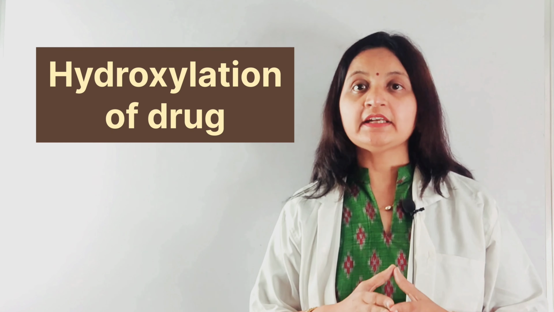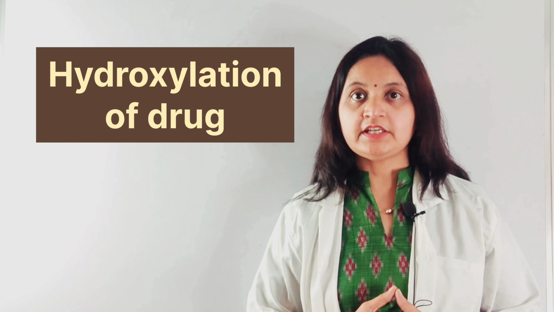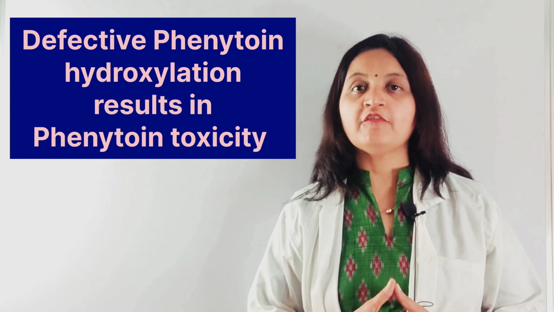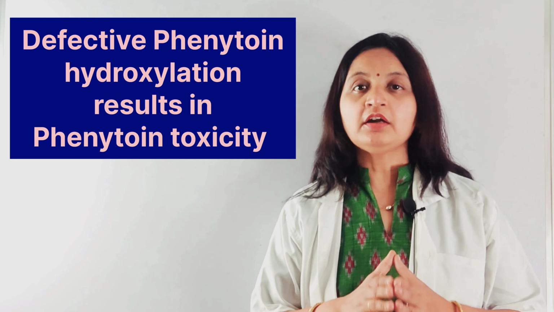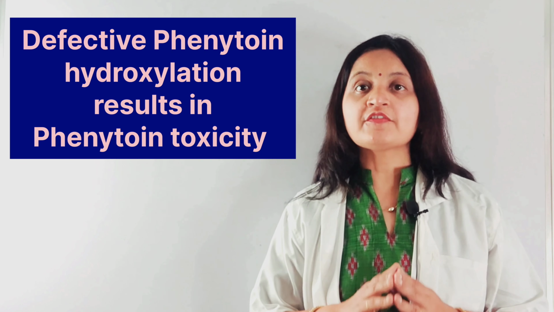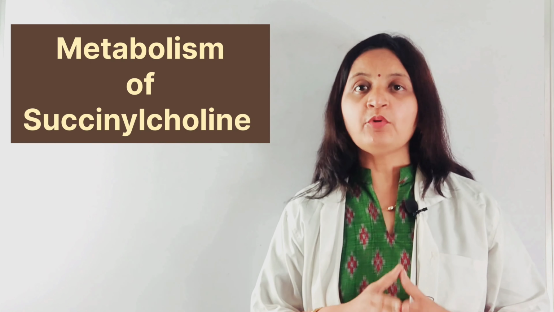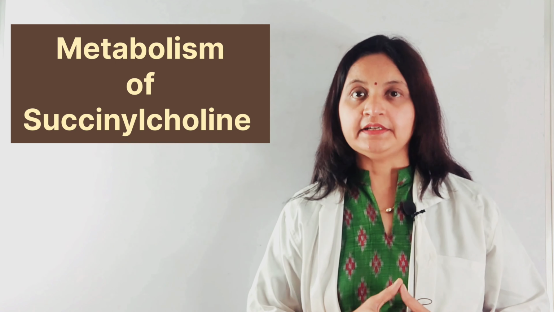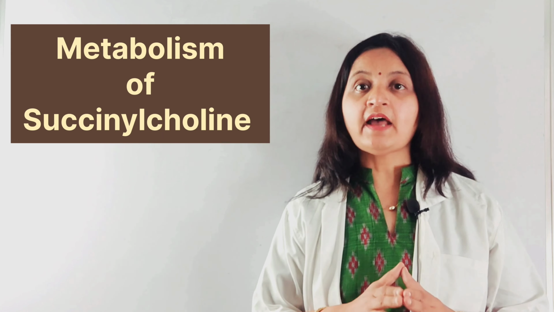Similarly, phenytoin is inactivated in the liver by hydroxylation. So, defective hydroxylation leads to accumulation of phenytoin leading to marked phenytoin toxicity. The next example is that of succinylcholine, a depolarizing neuromuscular blocker which acts as a muscle relaxant. Succinylcholine is hydrolyzed in the plasma in presence of a cholinesterase enzyme.